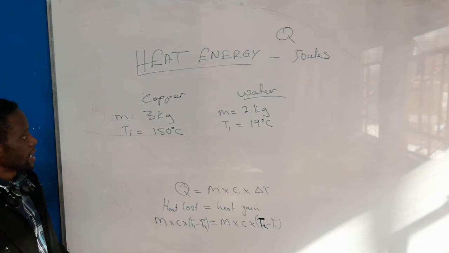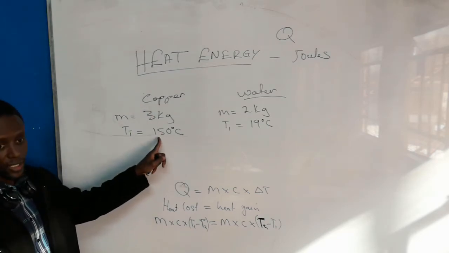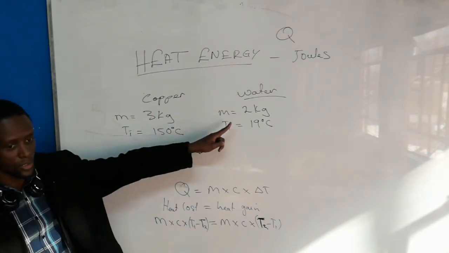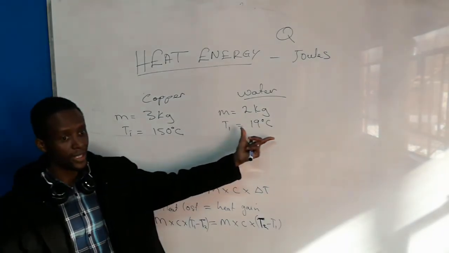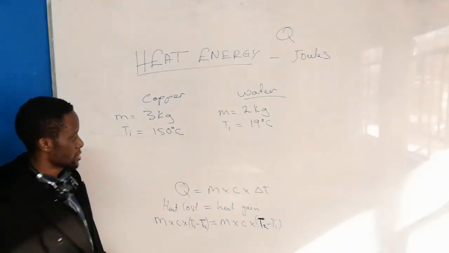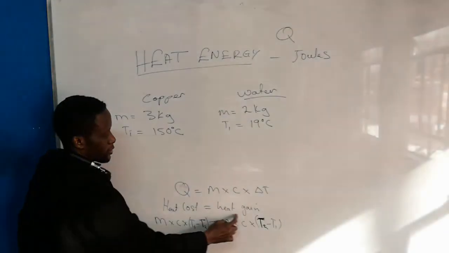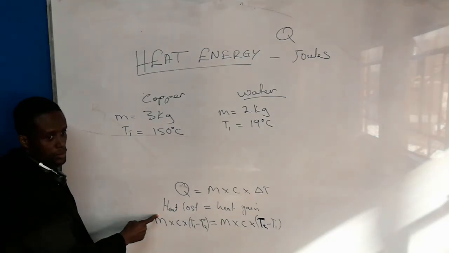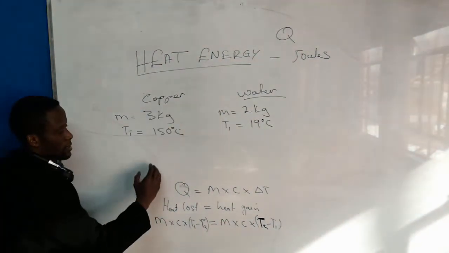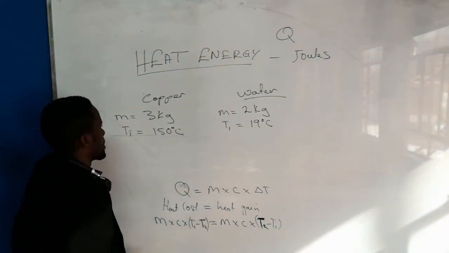Which of the two has got high heat energy? Copper has got high heat energy, right? When you mix these two up, copper will be losing, water will be gaining. So in your calculations, the water belongs to the gaining, the copper belongs to the losing. Whatever the copper loses goes to the water.